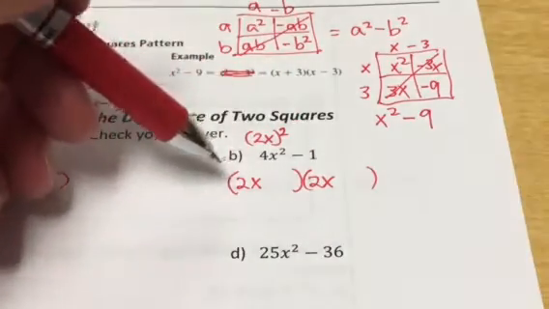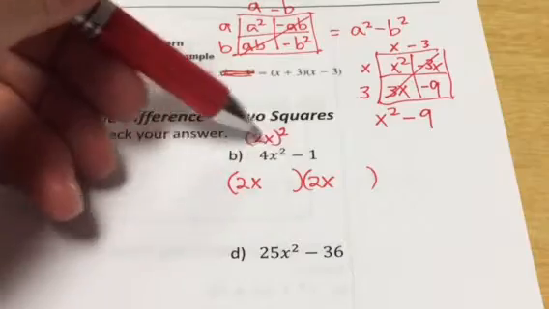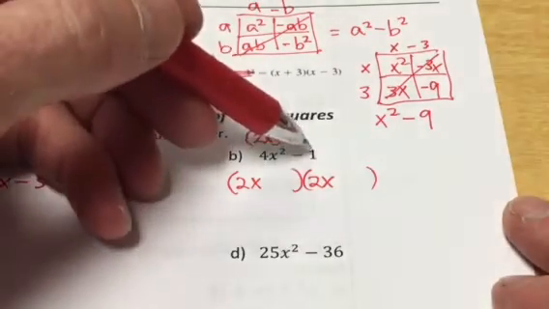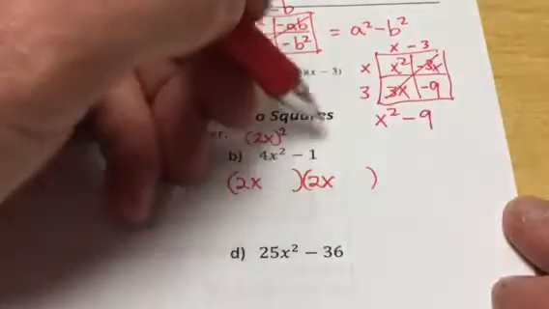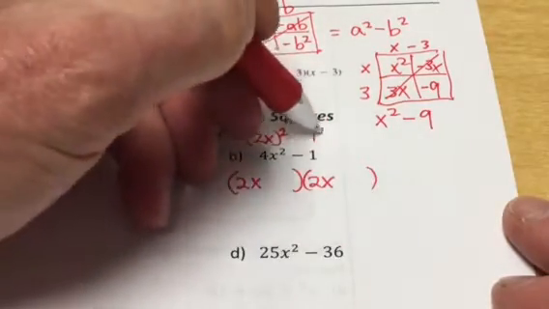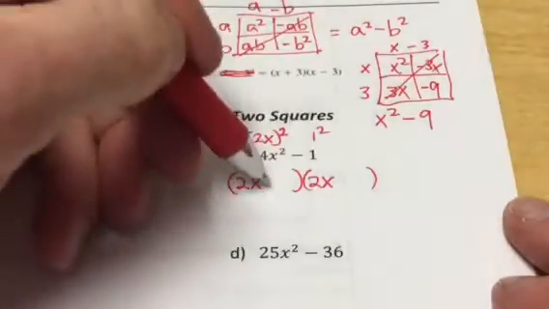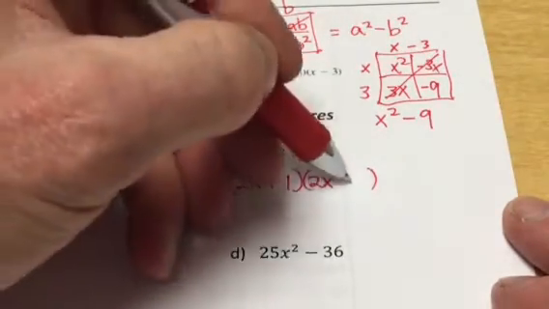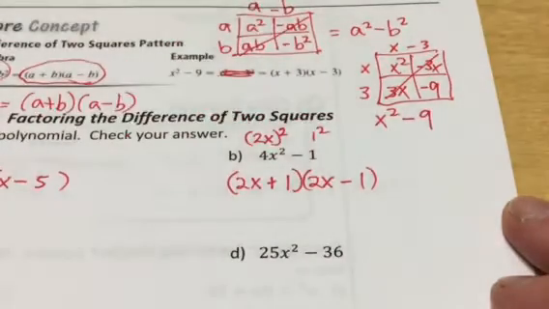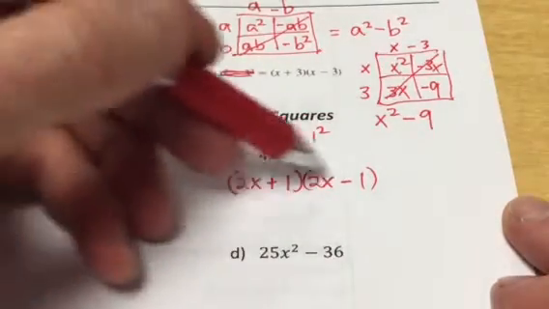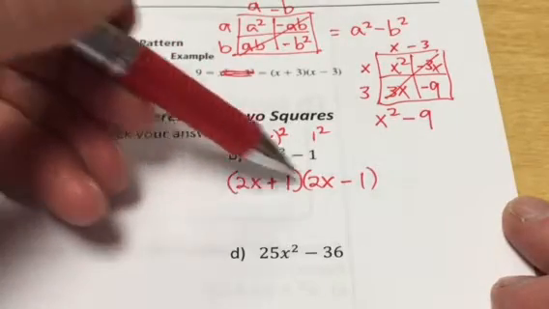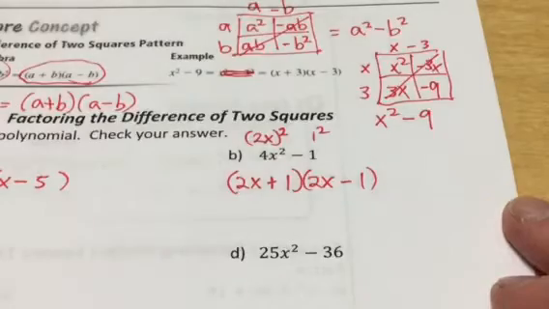And you can see that if we went backwards and did 2x times 2x, that would be 4x squared. And for the 1, it is the square of 1. This is 1 squared. So we'll complete our binomial factors with a +1 and a -1. Okay, so we end up with conjugates. If we start with a difference of squares, we can factor it into a product of conjugates.